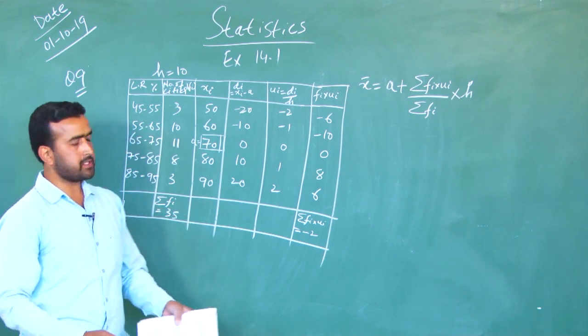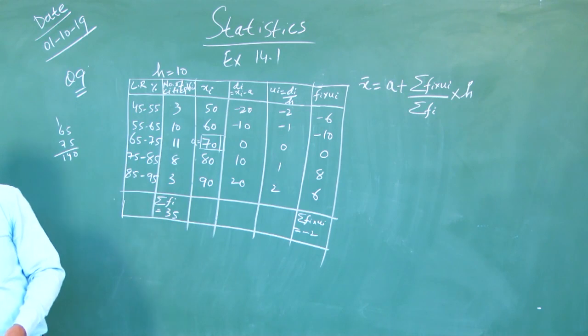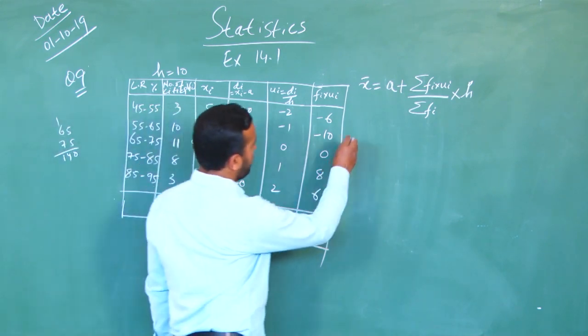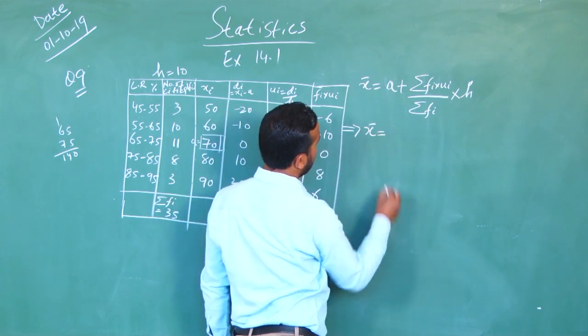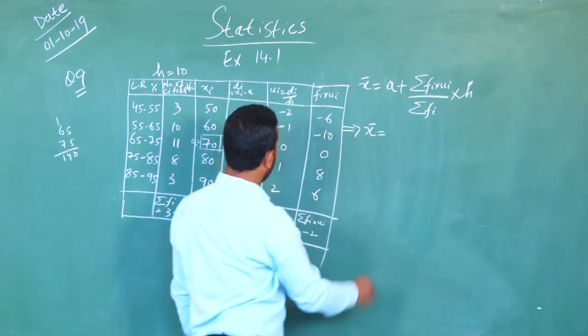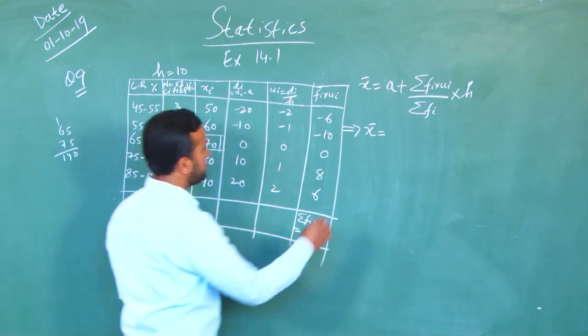Now it is very simple for us to calculate the mean by using the step deviation method. We know that x bar will be equal to a. A we have selected from the given data, that is 70.